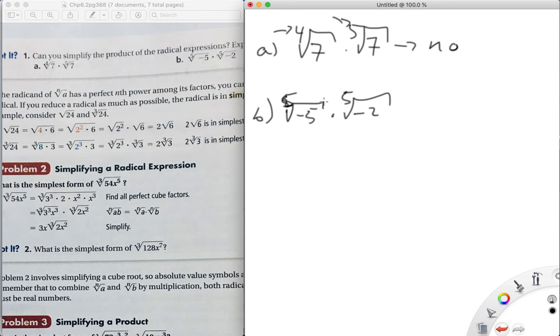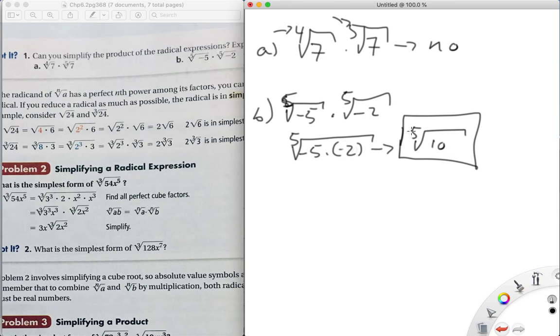They do have the same index. They both have an index of 5, so I can multiply the numbers underneath the radical. You have negative 5 times negative 2, that's fifth rooted. So it would be the fifth root of positive 10. And this would be my answer.